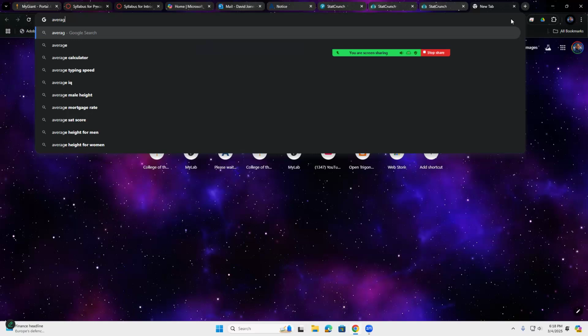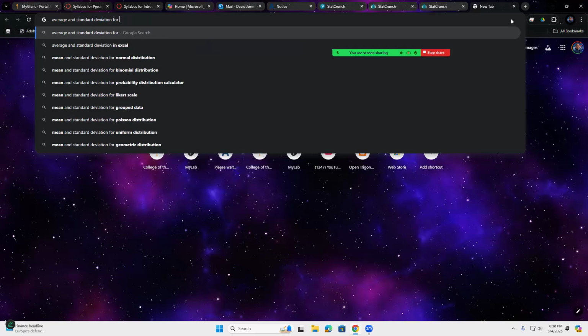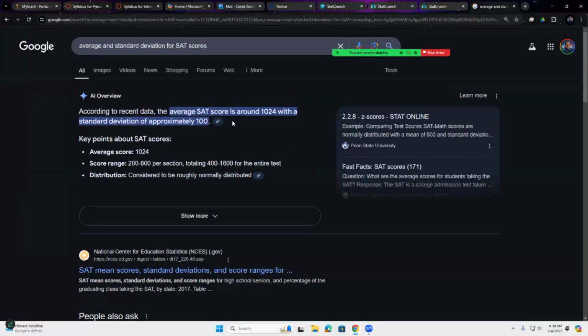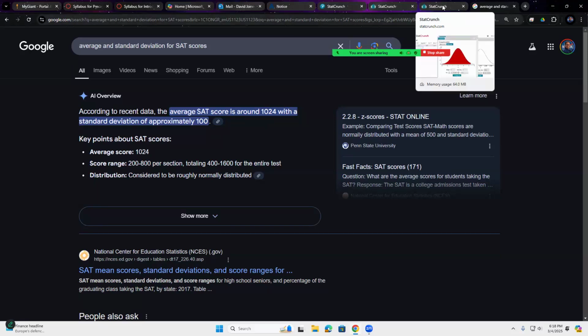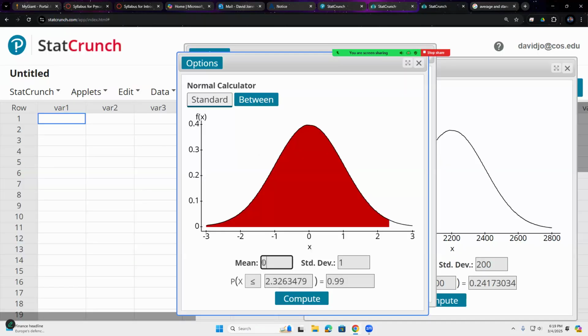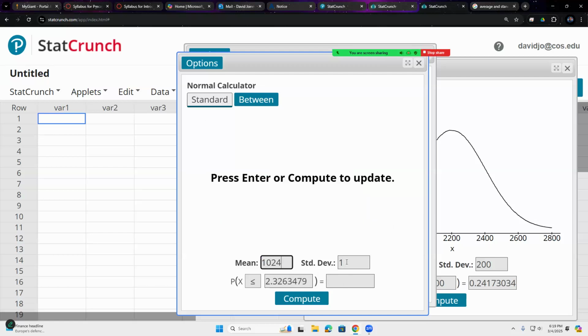What is the average SAT score? Let's assume that AI knows what it's talking about. I'm not confident of that, but it's enough for my example. I'm going to set my mean, wait, what was the deviation? 100. So I'm going to set the mean to 1024 and the standard deviation to 100.